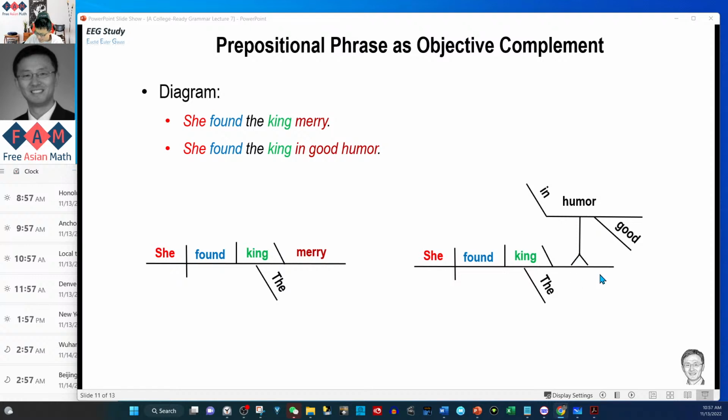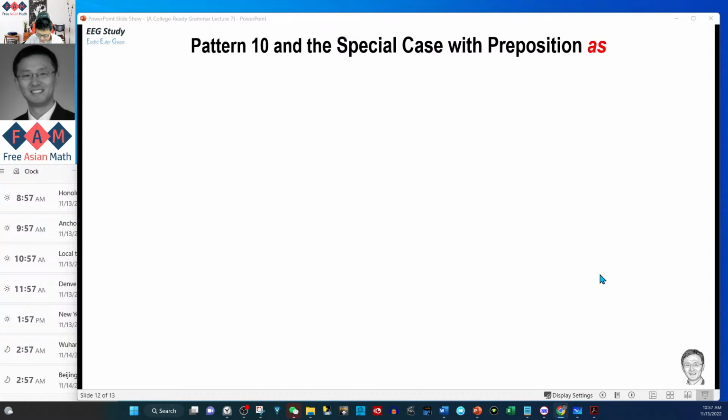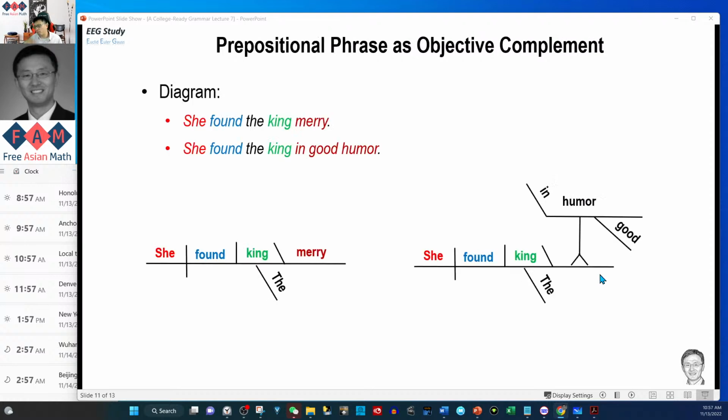Okay. I originally meant to discuss this prepositional phrase as asked. So why don't we do this next time? Because that's quite a bit of work. So we will stop here today. We introduced 3 additional patterns for the simple sentence. They all involve how to add additional information about the object.